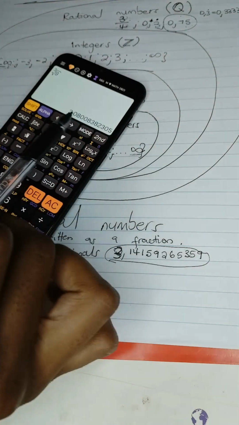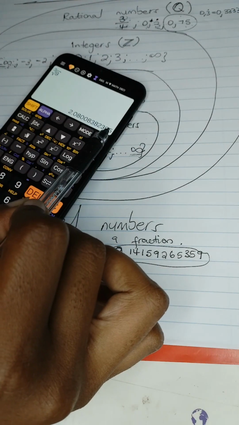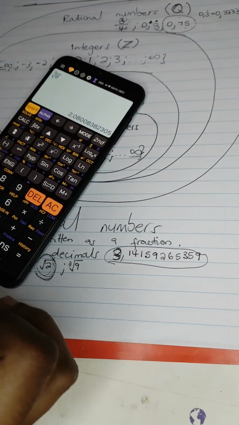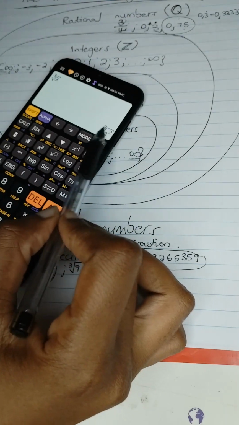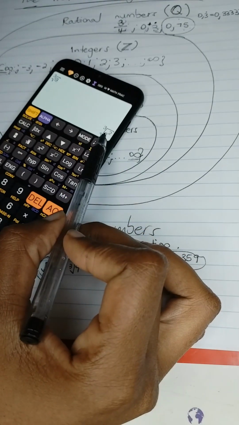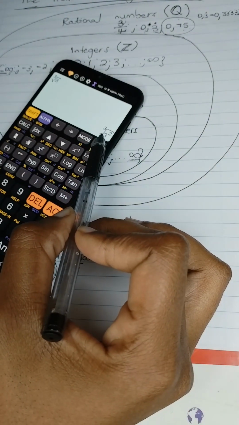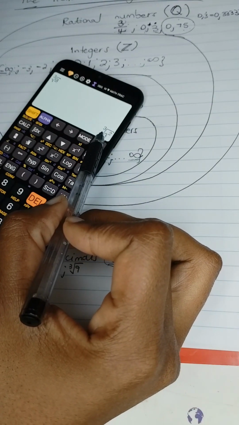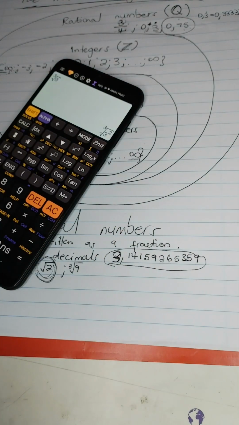It gives you a non-terminating decimal, which is one of the conditions for an irrational number. And again, when you read the answer, it comes out exactly as you punched it in. It's not simplifiable, unlike 3 to the power 2, which gives 9, as we all know.